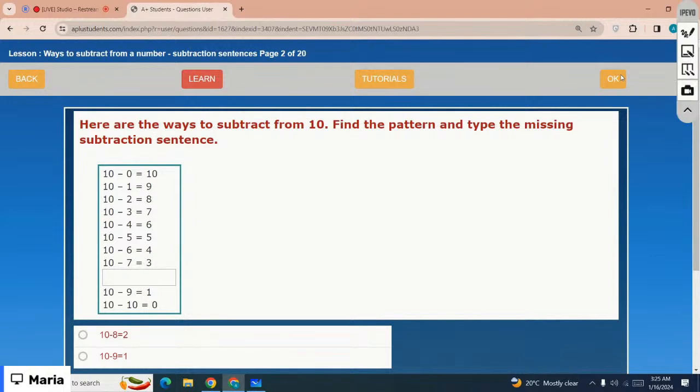Here are the ways to subtract from 10. Find the pattern and type the missing subtraction sentence.